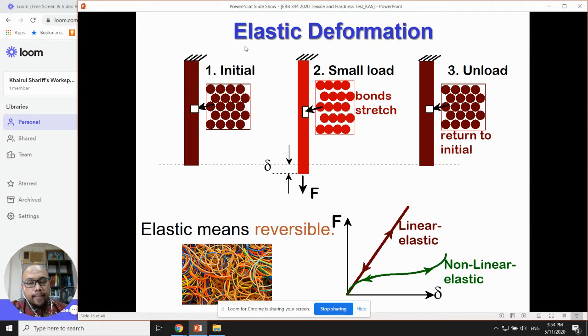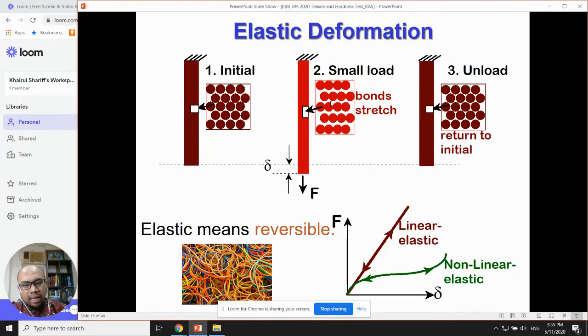When you do the tensile test, at the initial stage, the atom layers are arranged like this. Then when you apply a small load in the opposite direction, or even in one direction, but at the upper part you fix the metal rod, and then you pull, you can see when the metal is stretched, the atoms are arranged like this.